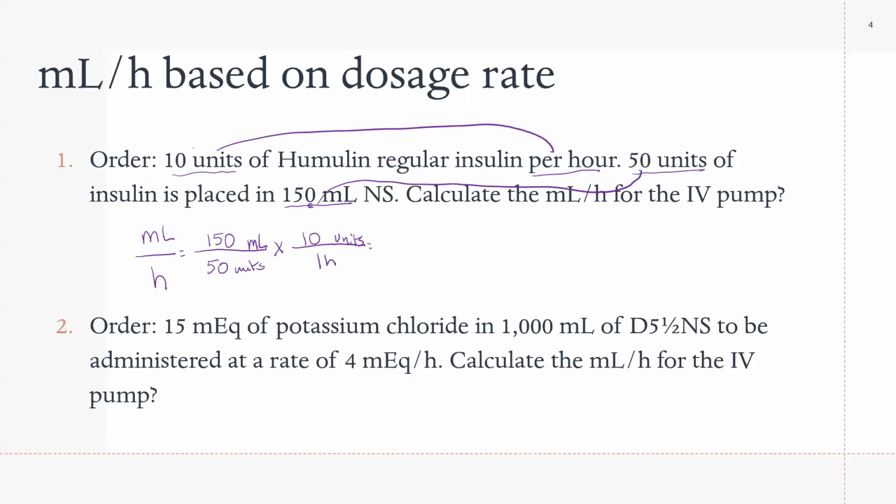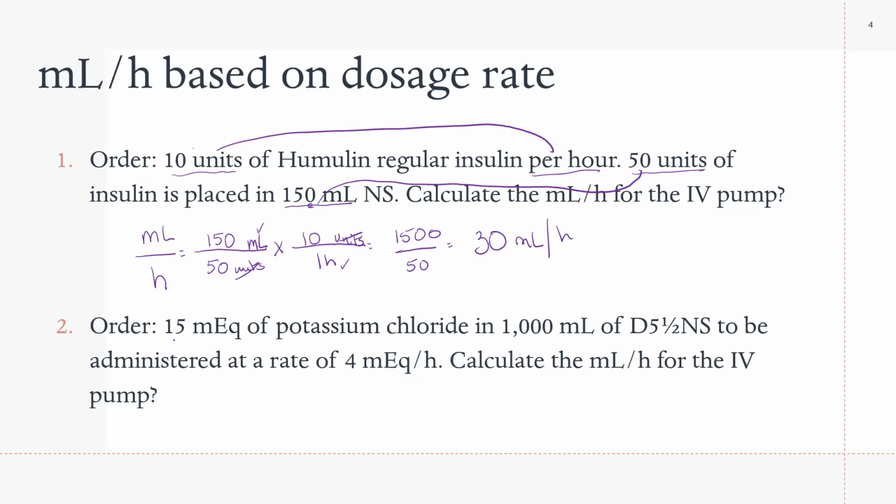To check yourself, I started with milliliters. Yes. I ended with hours. Yes. Everything else has to cancel. Straight across, divide. I got 1500 over 50, which came out to 30 milliliters per hour.